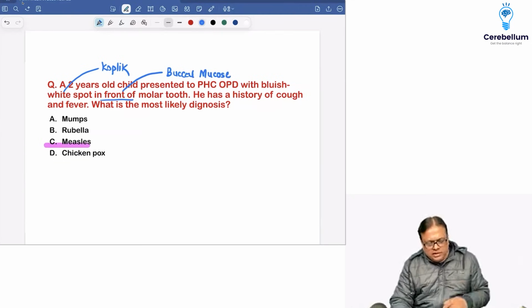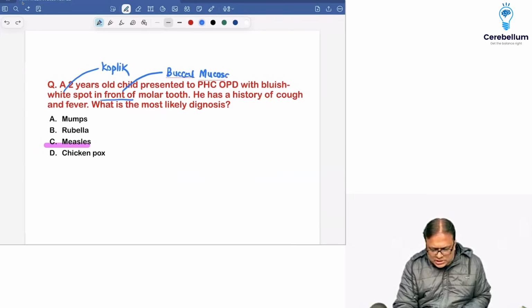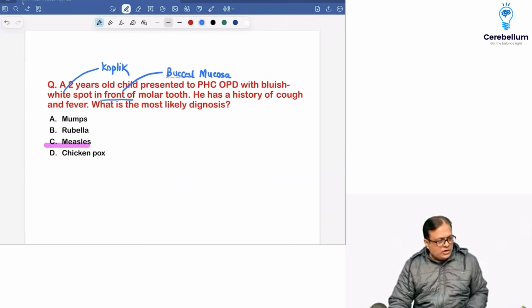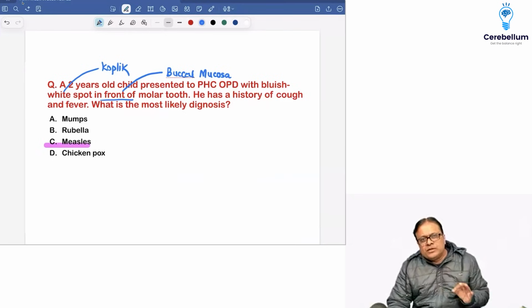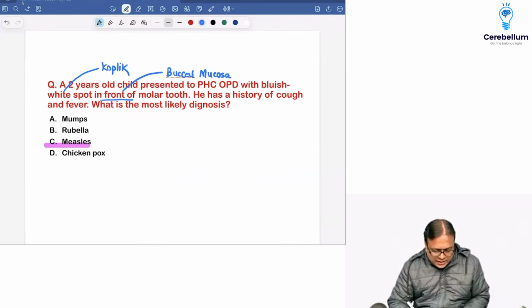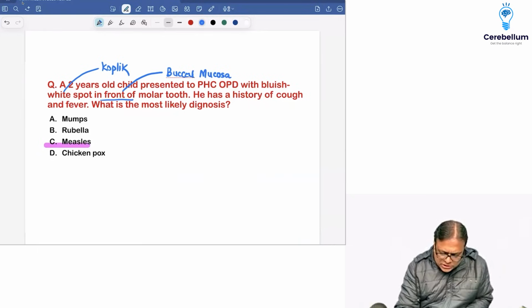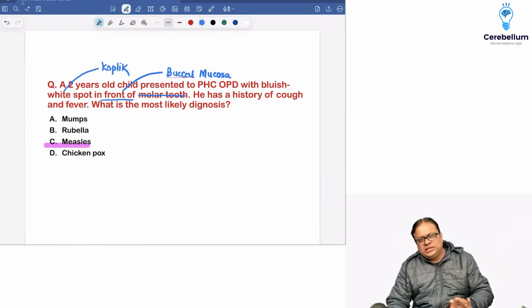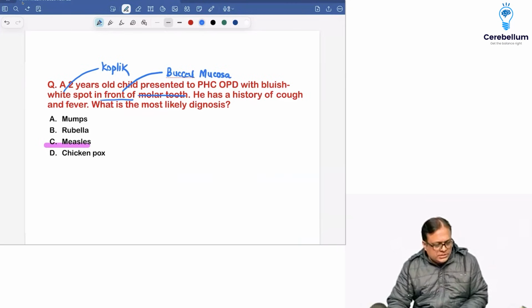So you ask the child to open the oral cavity. If you can see in front of molar tooth, second, on the buccal mucosa. Can you please confirm the other choices? Even if molar tooth is not mentioned, only buccal mucosa is mentioned. Even then, bluish white spot, cough fever, we are talking of measles.